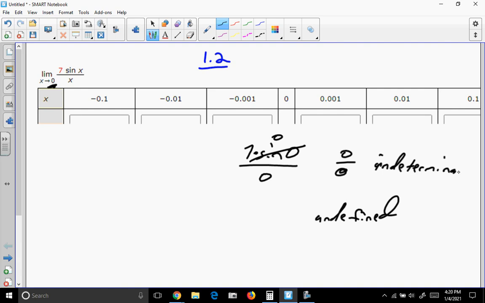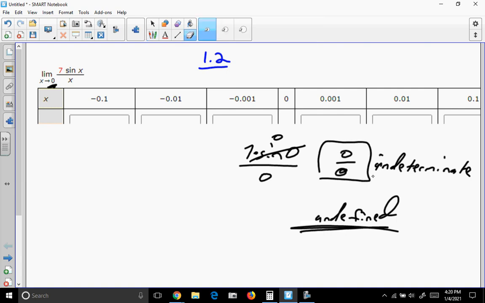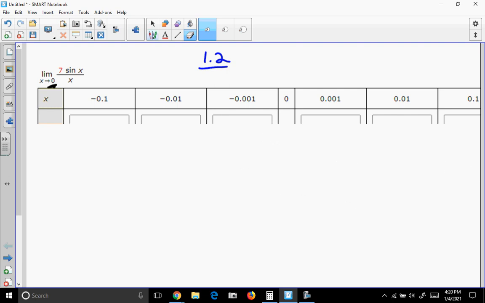In the lecture video, it should discuss the difference between normal things that are undefined and cases where we are indeterminate. So we're undefined here when x is 0, but let's pick some values around 0 and see what our function does.